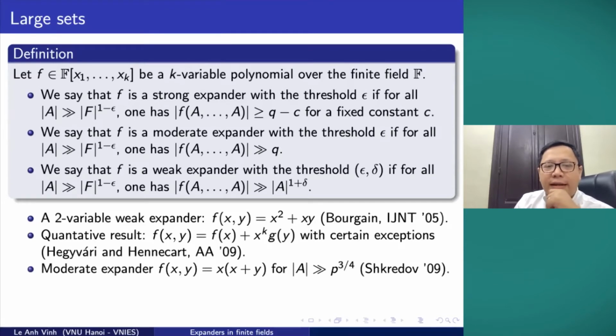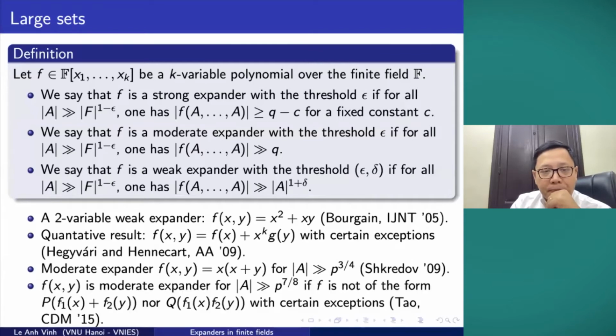And for the moderate expander, Ilya's result is that x times (x plus y) is a moderate expander. And when A is much bigger than P to the power 3 over 4, then the image of the function covers a positive proportion of the field.